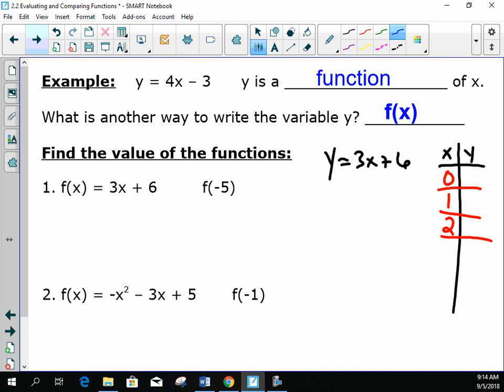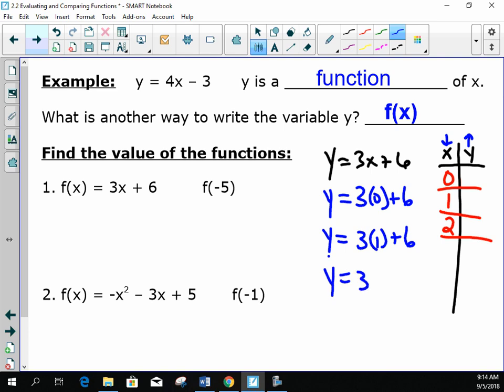Now, how a function works, this is called an input-output table. Your x is your input. Your y is your output. So I put x into my function. I get out my y. So y equals 3 times 0 plus 6. Y equals 3 times 1 plus 6.